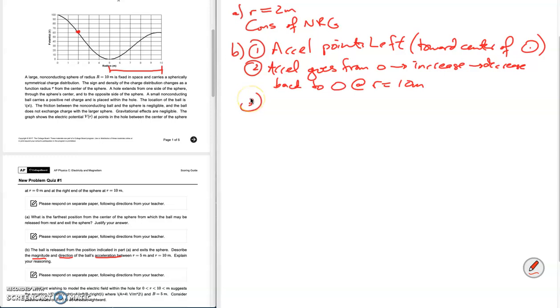Third feature about acceleration, and remember they only care about acceleration, they don't care about velocity, and they told us about position, so we don't even really need to comment on that one. Third thing about acceleration is that acceleration points toward lower potential.